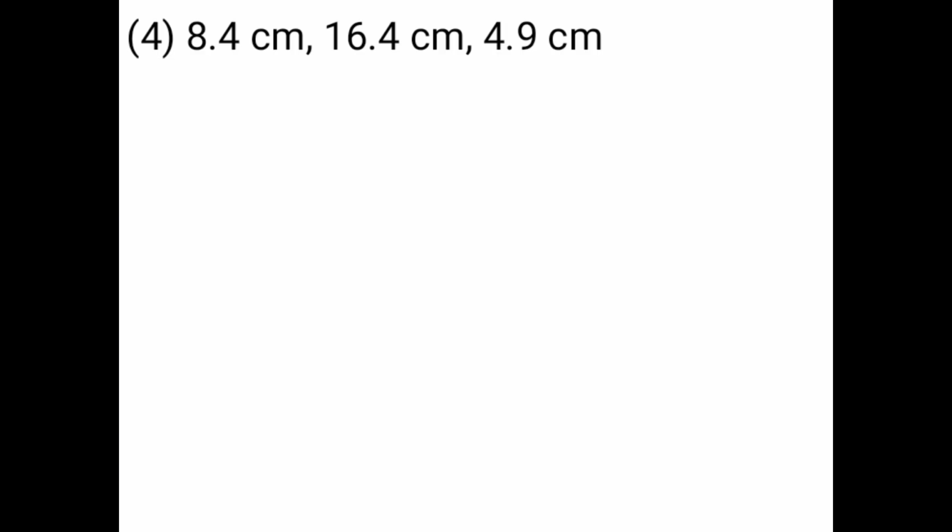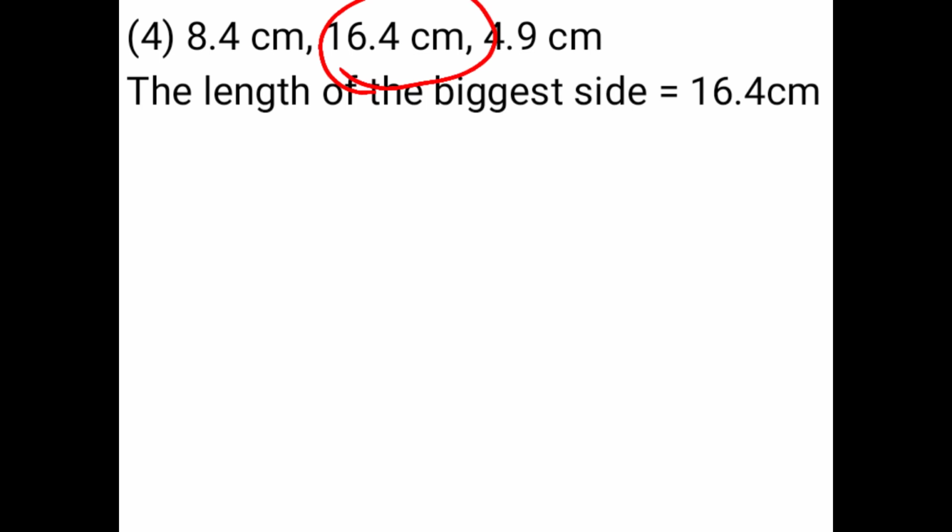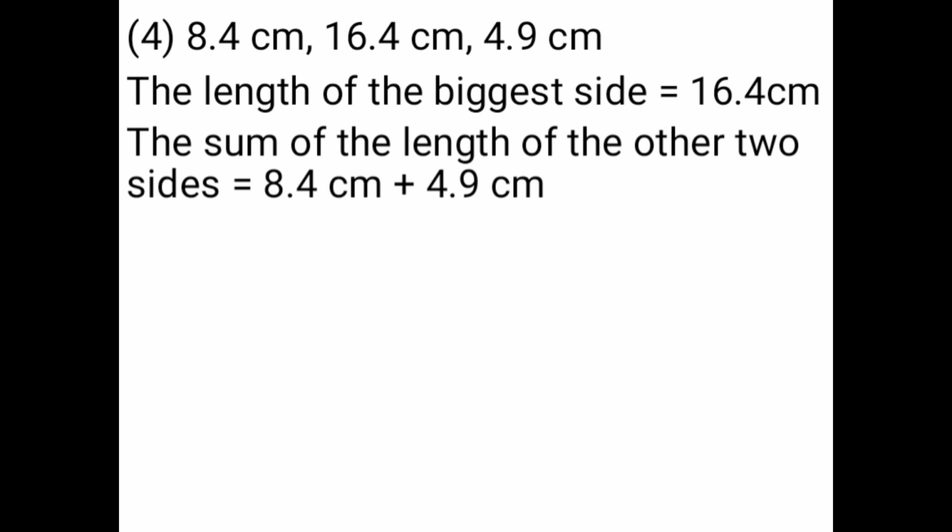Next, fourth one: 8.4 centimeter, 16.4 centimeter and 4.9 centimeter. Okay, 16.4 centimeter is the length of the biggest side. The sum of the length of the other two sides is 8.4 centimeter plus 4.9 centimeter. Add it.